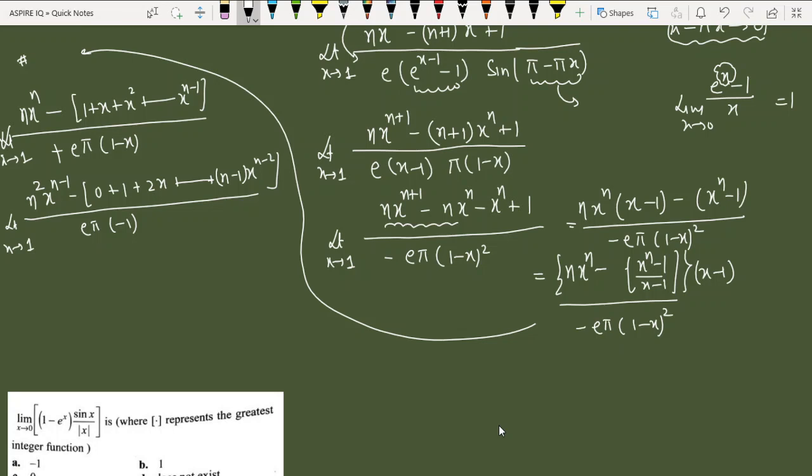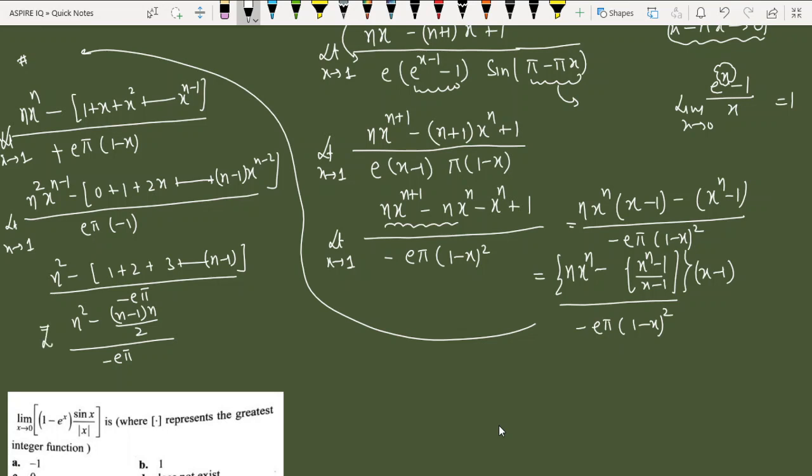Now simply put x tends to 1: n^2 minus (1 + 2 + 3 up to n − 1) upon minus e^π. So it is (n^2 − n(n−1)/2) upon −e^π.